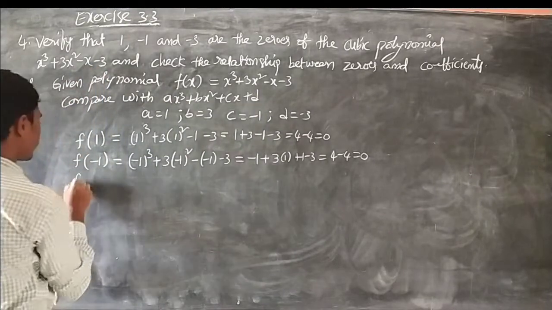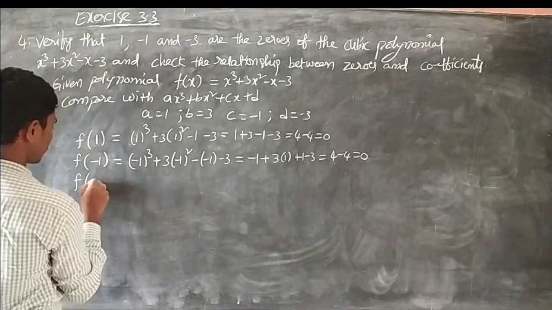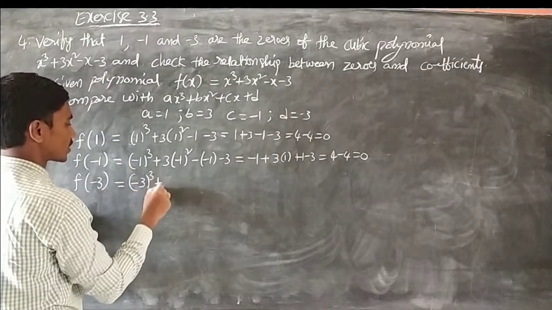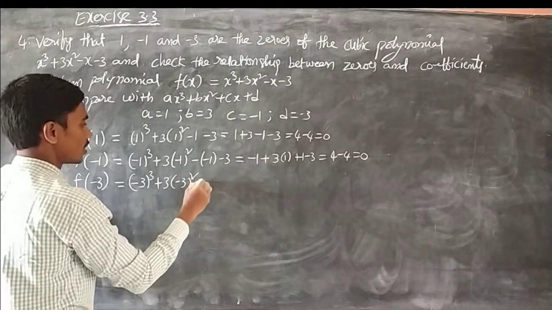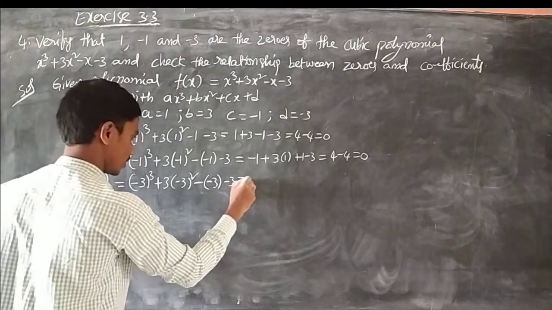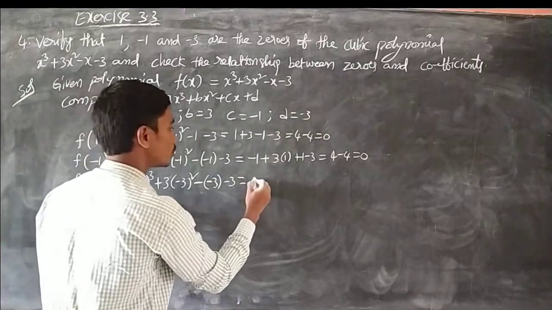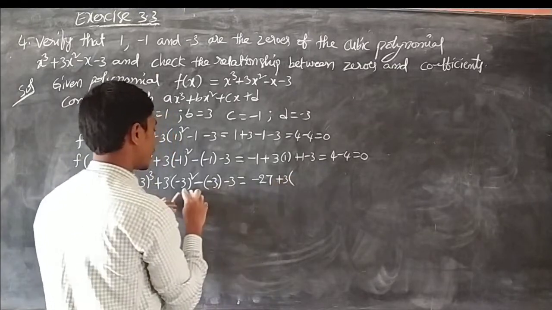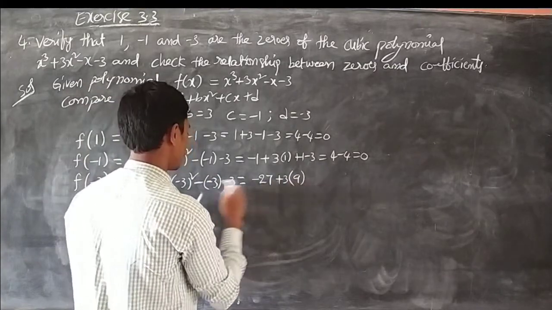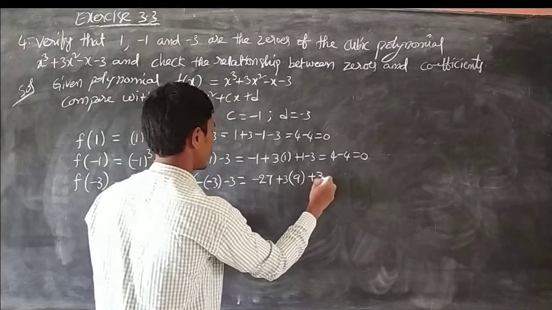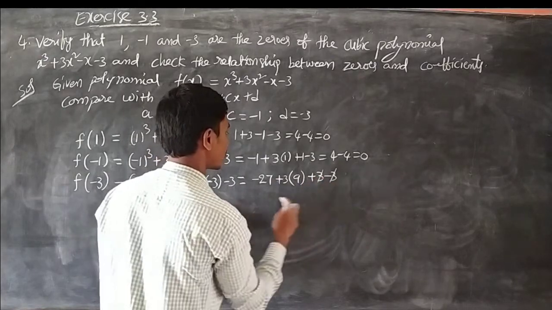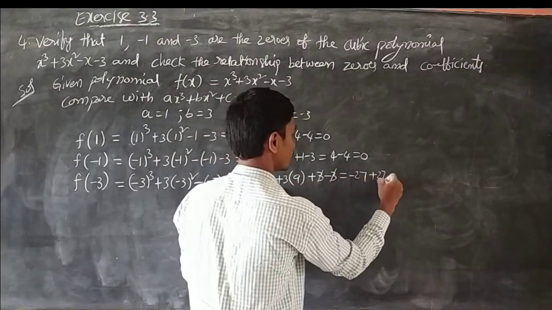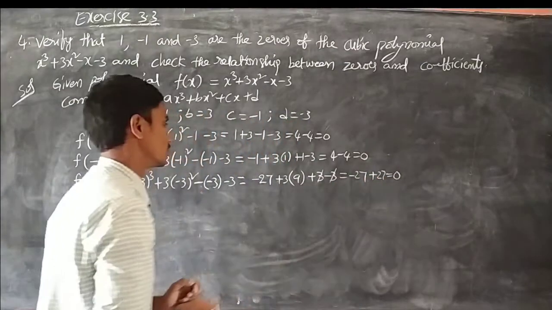Next, f of minus 3, which is equal to minus 3 whole cube plus 3 into minus 3 whole square minus of minus 3 minus 3, that is equal to minus 27 plus 3 into 9, plus 3 minus 3, plus 3 minus 3 cancels, minus 27, 3 nines are plus 27, which is equal to 0.